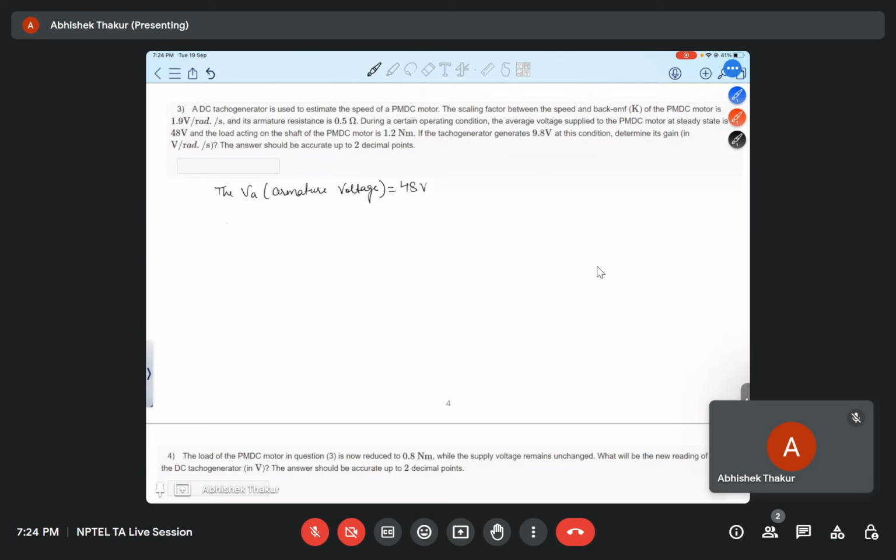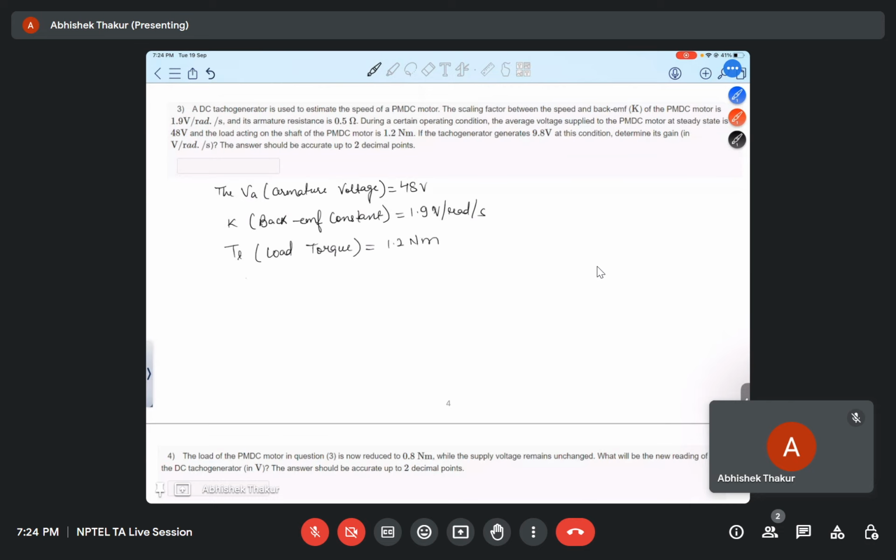Second one is K, that is back EMF constant, which is also given as 1.9 volt per radian per second. Load torque is given as 1.2 Newton meter.